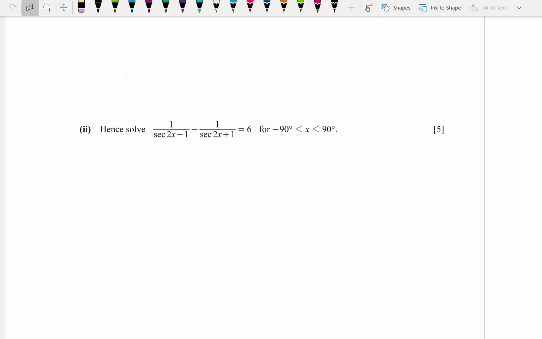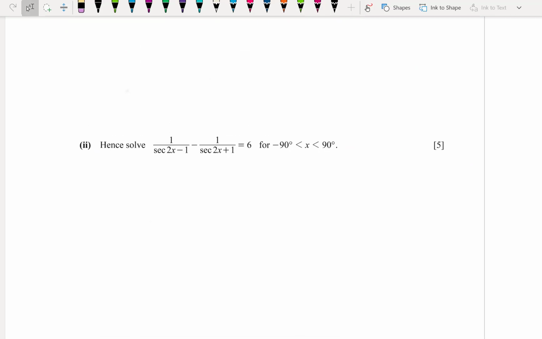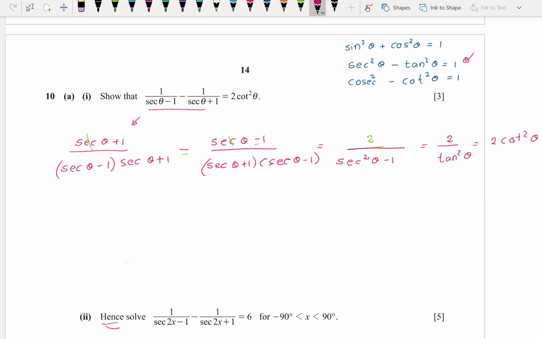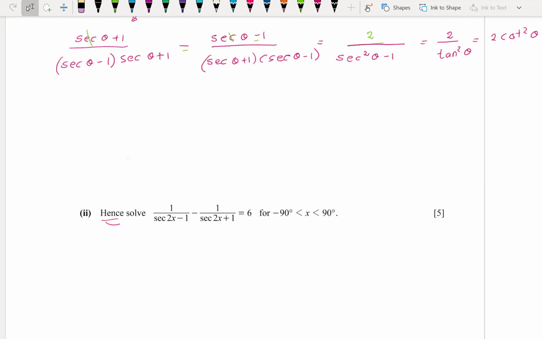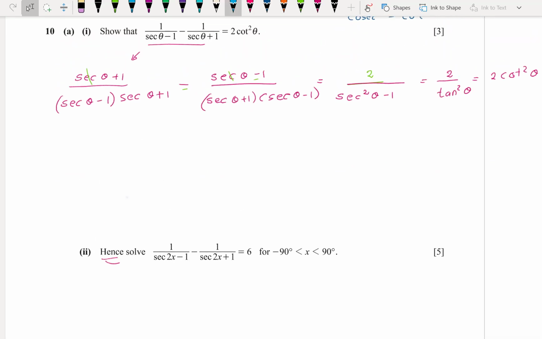Yes. Okay, now let's continue to the next one. Here it says hence, so that means we may use the information above. Solve this one. Now, look, before we use this, Amrita, look at the difference between the first one and the second one. In the first one, it is just theta. Here, it is 2x. Right. So when we simplify this, you need to keep that in mind.